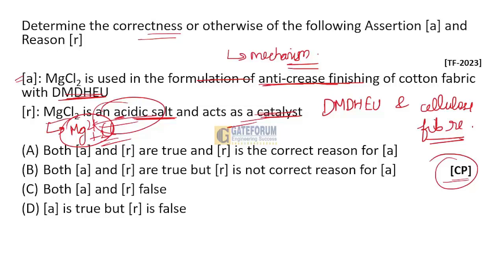So this is an acidic salt. Mg exists in the plus 2 state, and it acts as a catalyst in the reaction. So both these things are correct, and this reason is the correct reason for the assertion. I think it is clear. So option A is the correct answer.